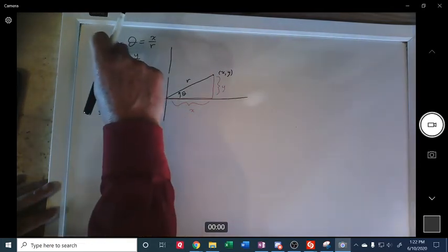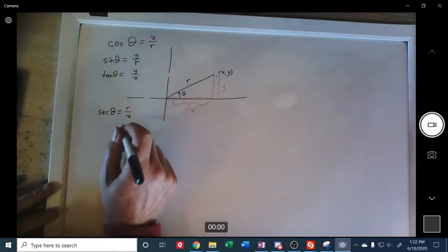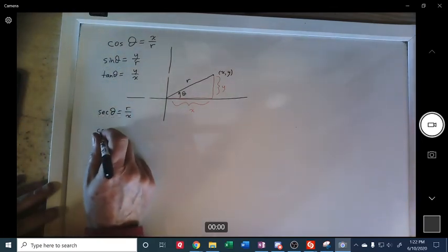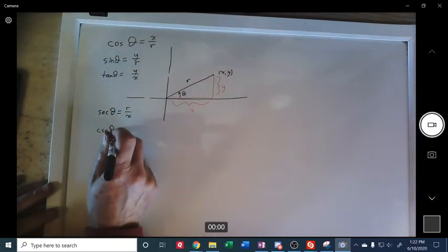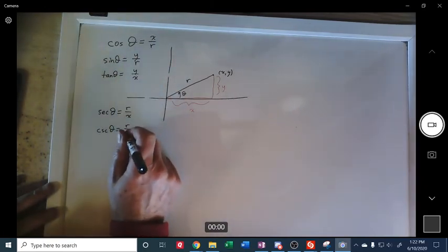And it's exactly the same as cosine, but just flipped over, so it's r over x. When you take the reciprocal of sine, you get cosecant. It's the same fraction, but flipped over, reciprocated.